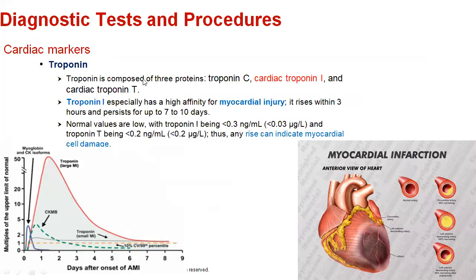Here we are going to find out the expected range and the duration of the elevated level of the cardiac enzyme. So cardiac marker or cardiac enzyme, they are released in the bloodstream in response to ischemia of the heart muscle.